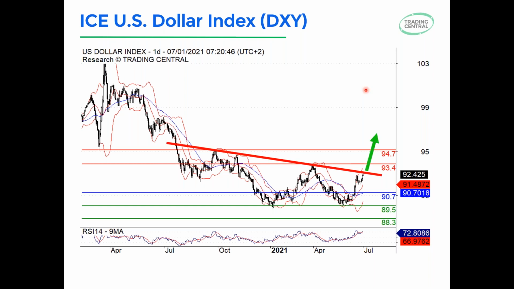US dollar index, we are monitoring this US dollar index very closely, because we call it the king of market, US dollar. It will affect stock markets, it will affect the currency market, of course, and most importantly, it will affect the commodities market.